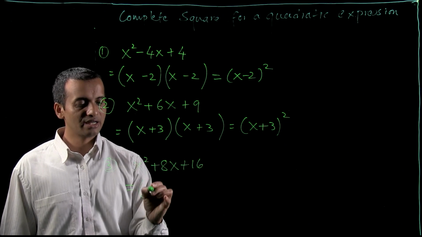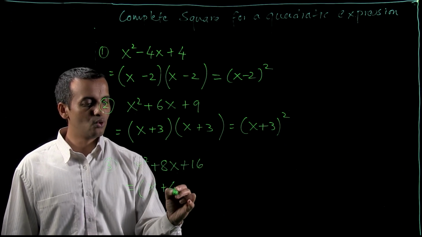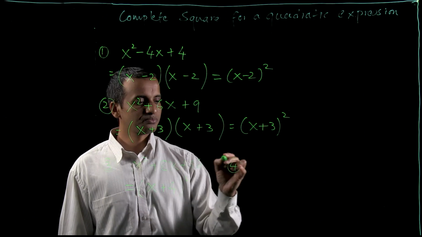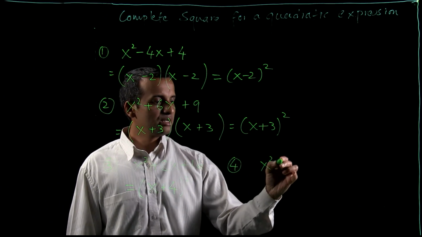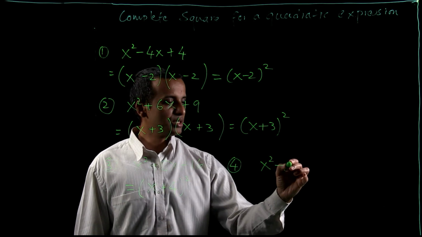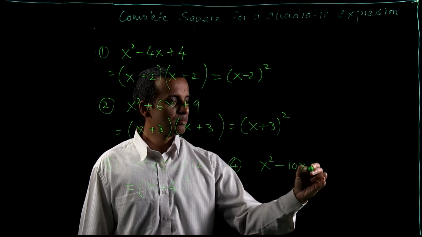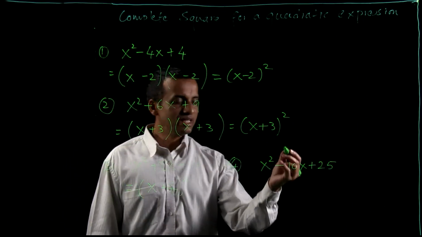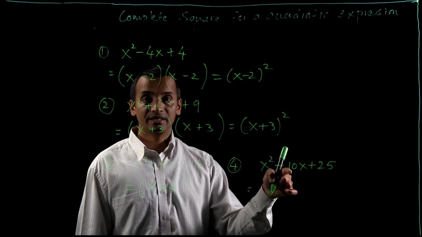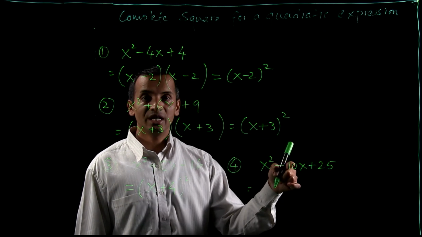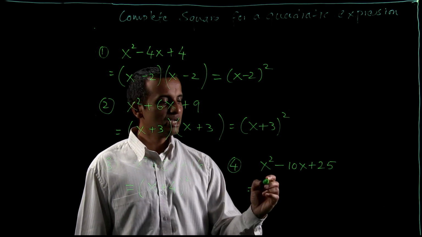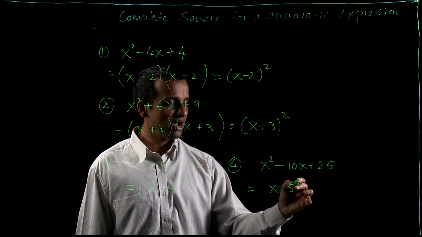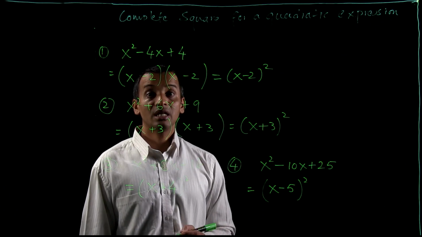Yes, that satisfies, so you can write (x plus 4) squared. Now example 4: x squared minus 10x plus 25. Half of negative 10 is negative 5, and the square of negative 5 is positive 25. It satisfies, so you can write (x minus 5) squared. That's how we complete the square.